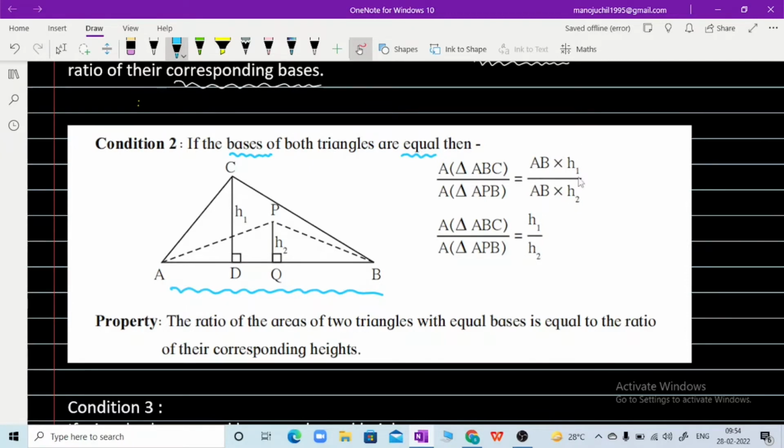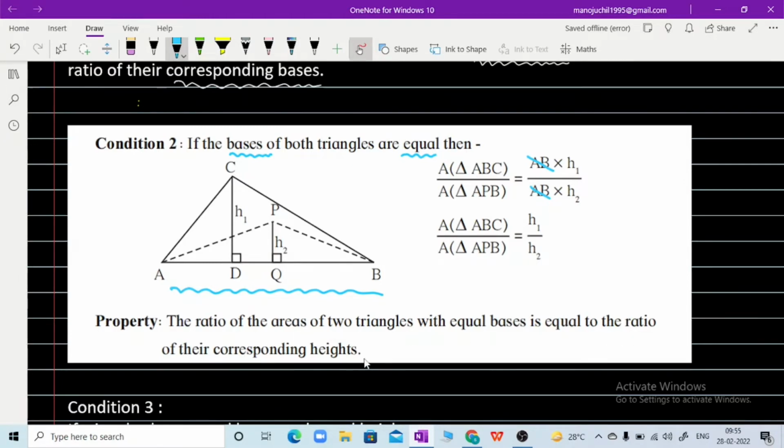In this case, we can't cut H1 and H2 because they are not equal, whereas I can easily cut AB and AB. So what I get is area of triangle ABC upon area of triangle APB is equal to H1 upon H2. That is, we write a statement: the ratio of areas of the two triangles with equal bases is equal to the ratio of their corresponding heights.